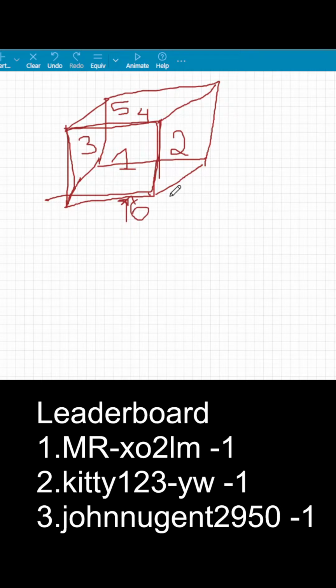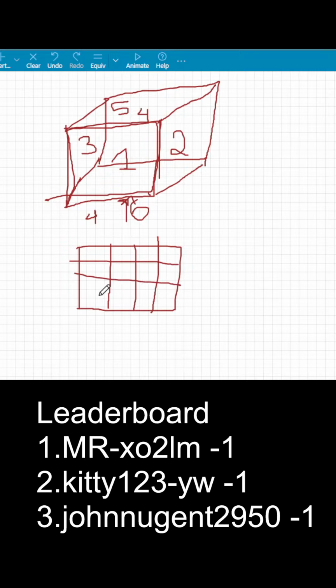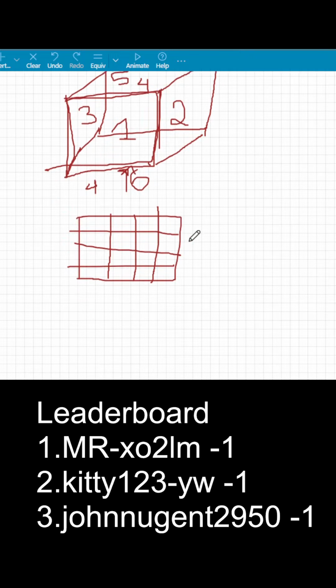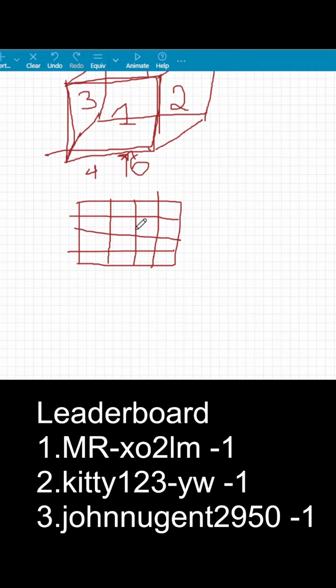So six faces in total, and each of them is of 4 inches, and then it is divided into 1-inch cubes. So one face will look like this after dividing. Each one is 1 inch, and there are 64 such cubes, 1 into 1 into 1.